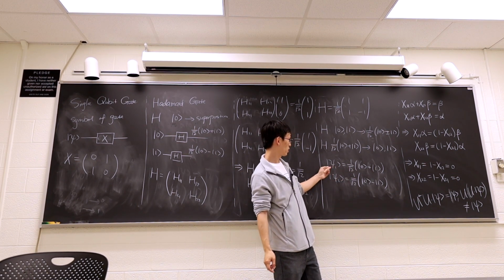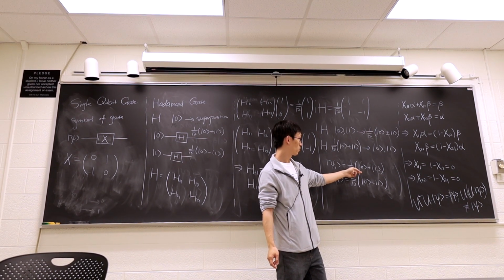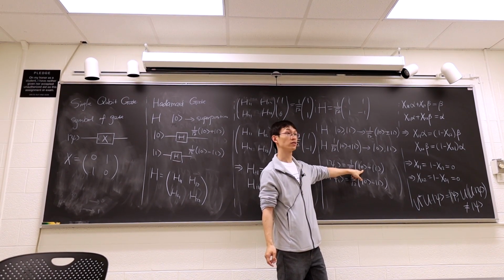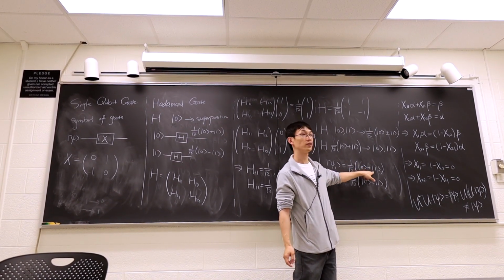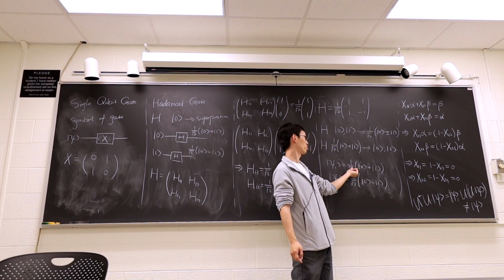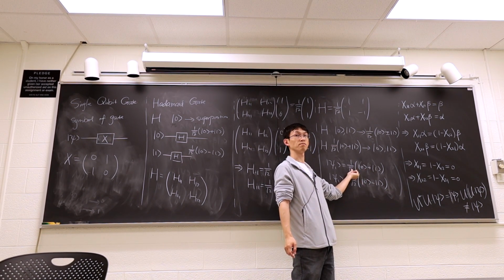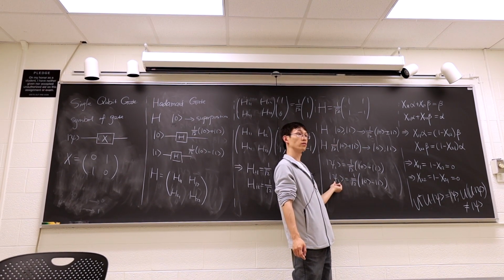Because for state 1, you have 50% probability of measuring state 0. You also have 50% probability of measuring state 1, right? Because the probability is the coefficient amplitude squared. It's the same thing for state 2, right?